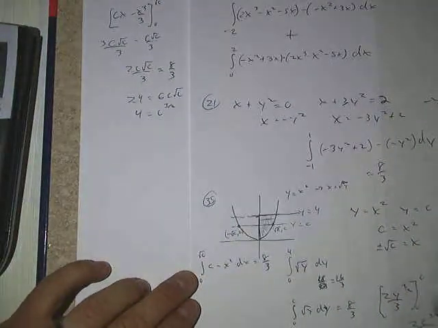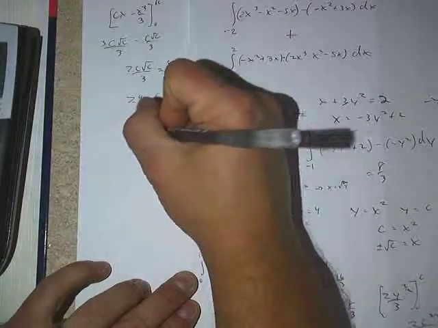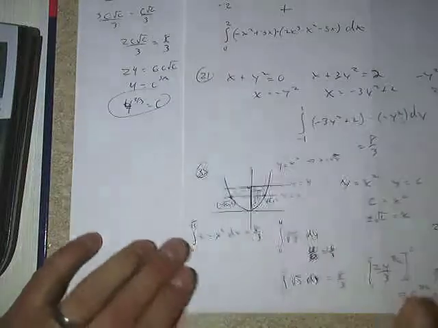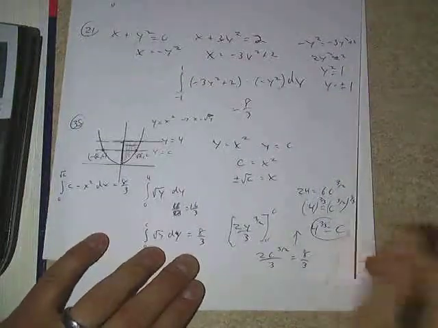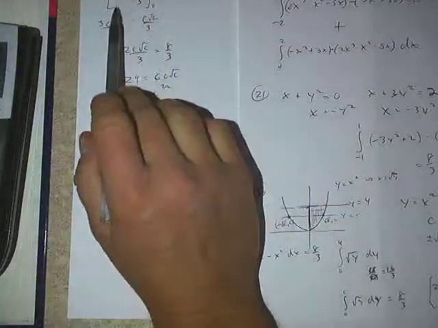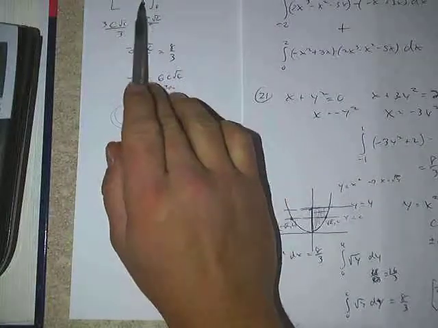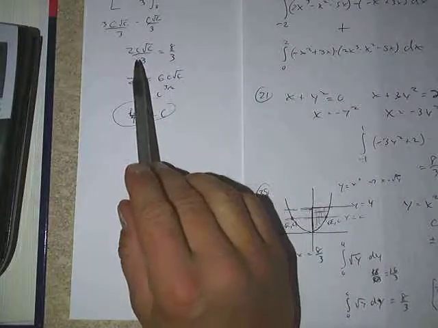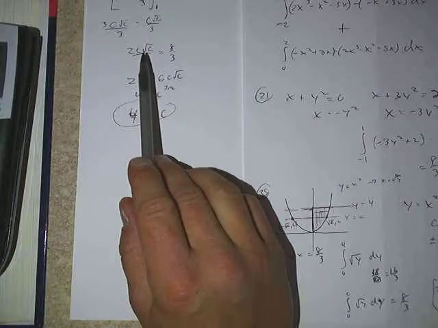If I make this 3 and 3, I'm going to wind up with 2c radical c over 3. And remember that equals 8/3, right? If I cross multiply again, I'm going to get 24 again and 6c radical c. It's going to give me 4 equals c radical c.